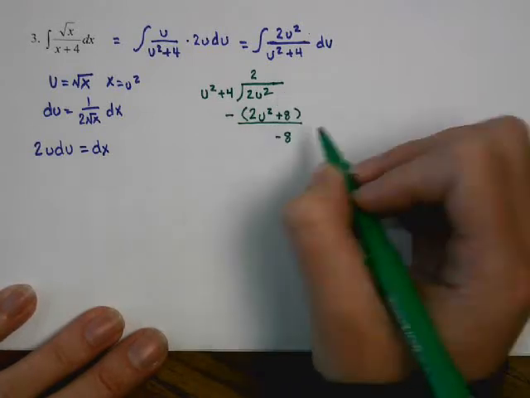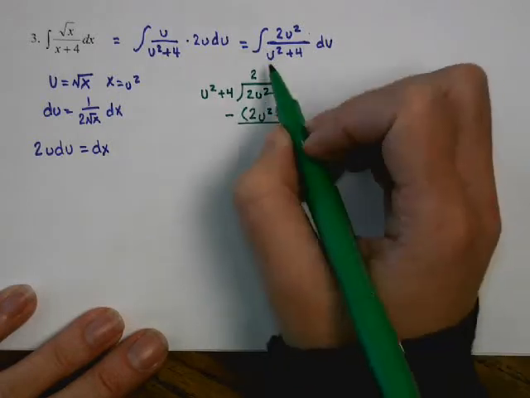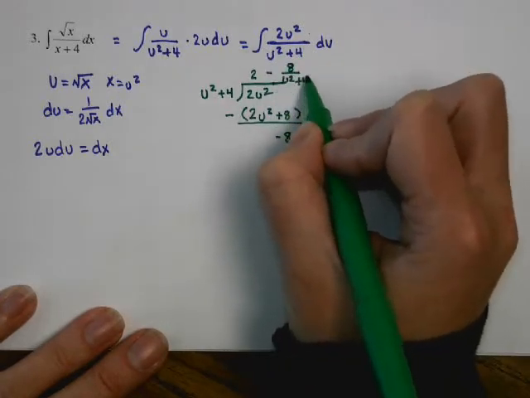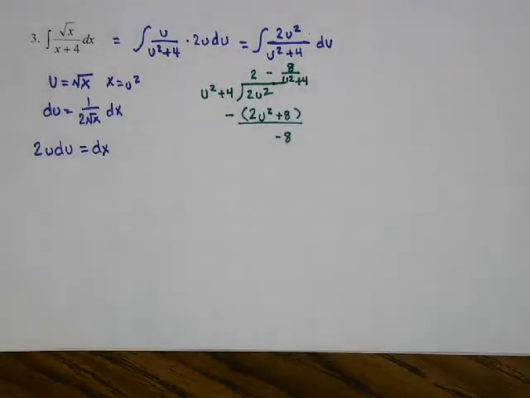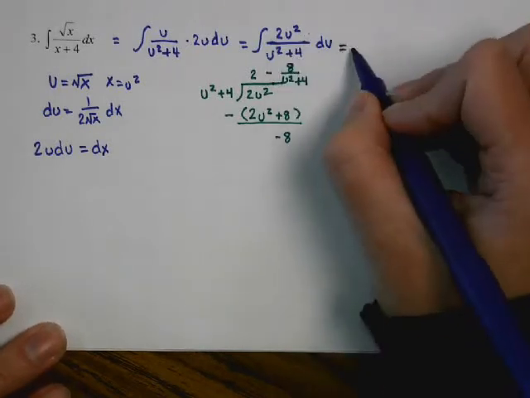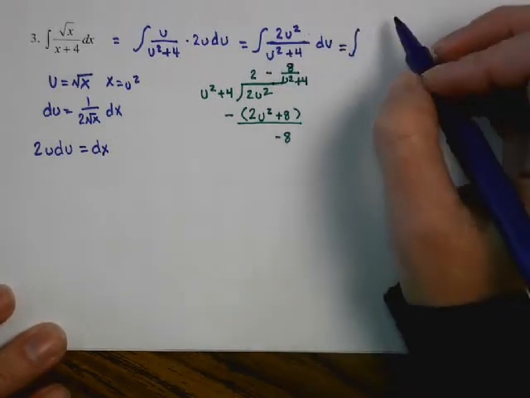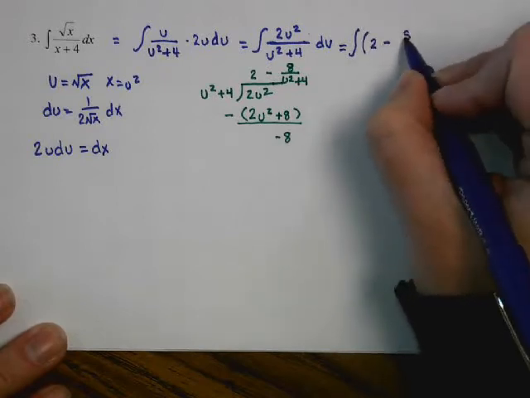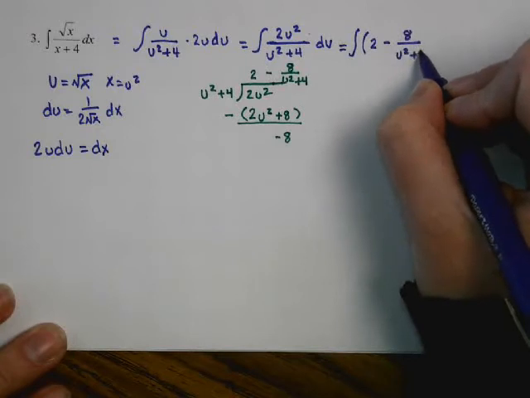So 0 minus 8 is a negative 8, which means we have a remainder. So this is going to be minus 8 over u squared plus 4. So I'm changing this integral. I'm just changing what this looks like. So this is now going to be the integral of 2 minus 8 over u squared plus 4.